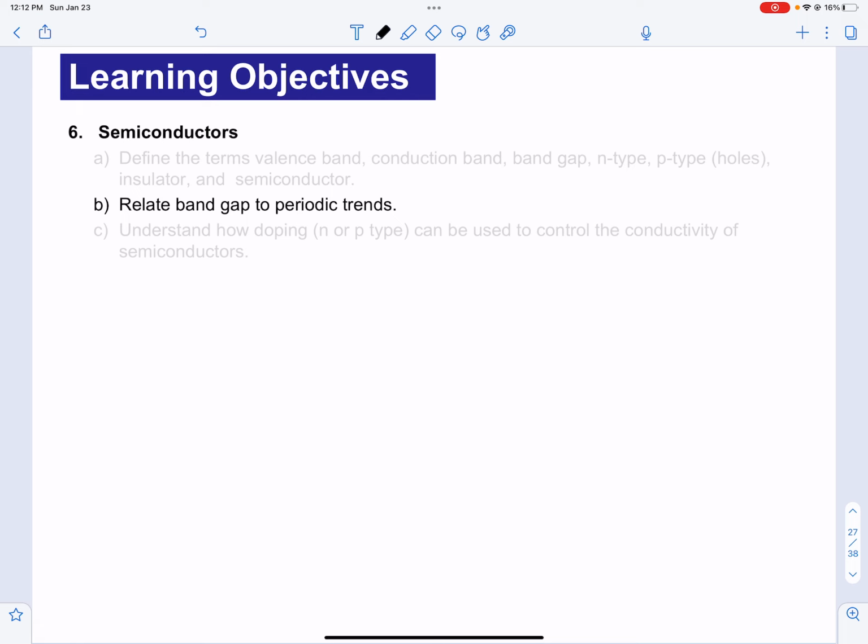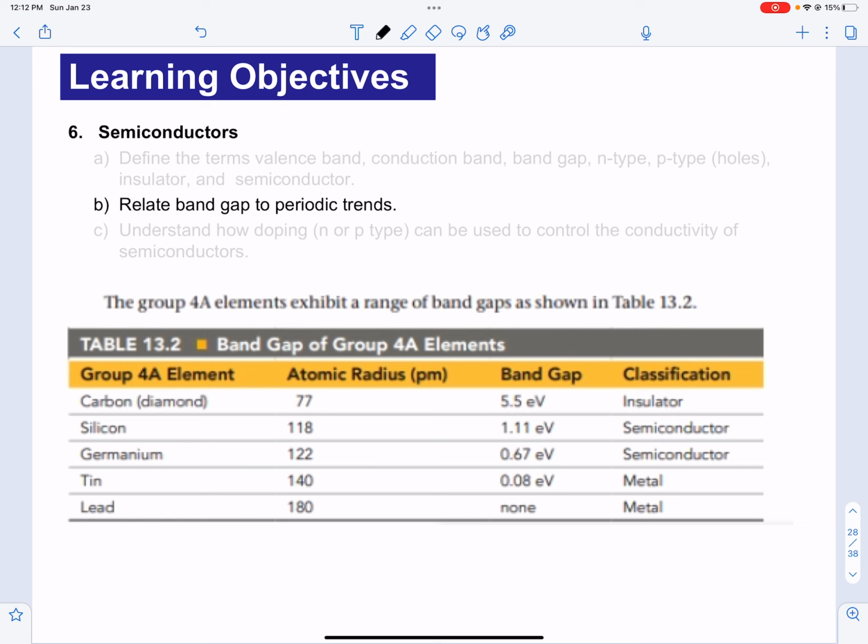So how can we relate the difference between the valence band and the conduction band to periodic trends? Well, let's do some problems, or some more information. So if we have a solid made out of carbon, the particular example diamond is going to have a band gap of 5.5 electrovolts, above the forbidden number, so therefore an insulator.